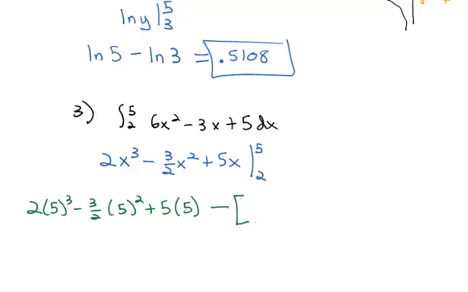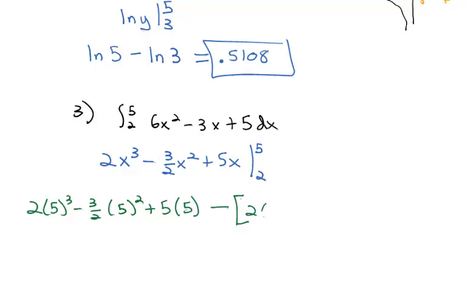When evaluating definite integrals, the minus sign needs to be in front of the parentheses because we are going to have to distribute that negative sign. The most common error people make is they only subtract the first term, not the entire thing. Make sure that minus distributes all the way through.